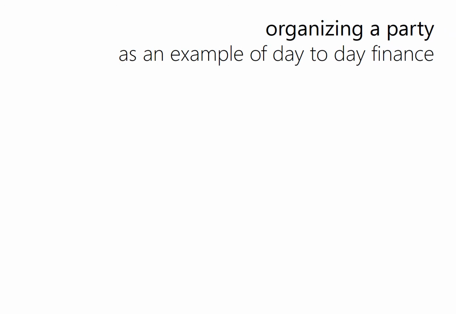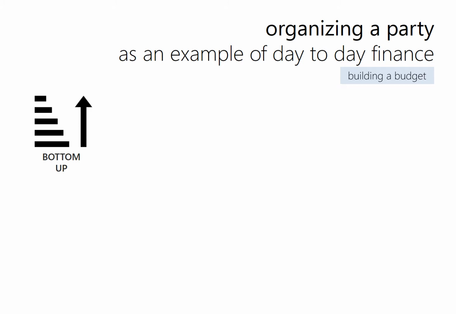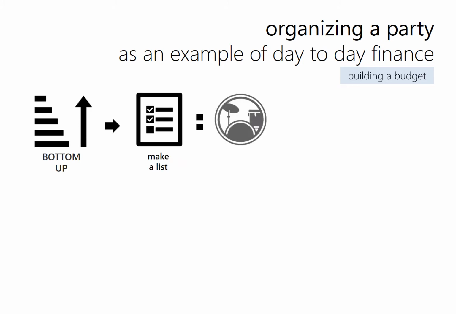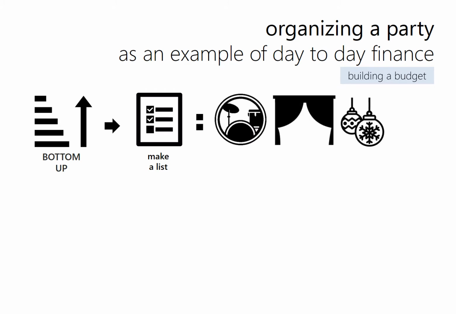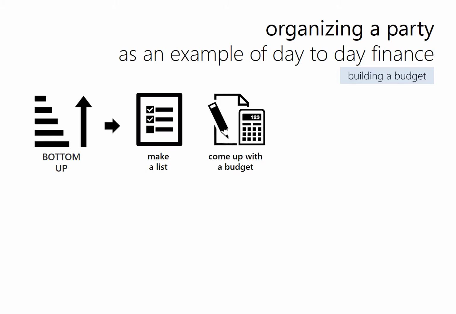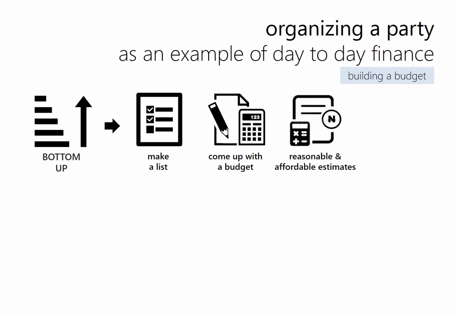If you are organizing a party for yourself or for a friend, you are likely to sit down to develop a budget for the event. Sometimes you develop that budget bottom up. In other words, you make a list of everything you need to pay for: the band, the venue, the decorations, food and drinks, and so on. And you compile this to come up with a budget, which you then streamline to something that is reasonable and affordable.